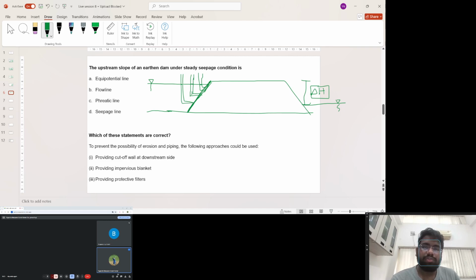Now if you calculate the total head, that is the datum head plus the pressure head, the total head will remain the same. So at each and every point along the upstream side of this slope, the total head remains the same, and hence it is an equipotential line.